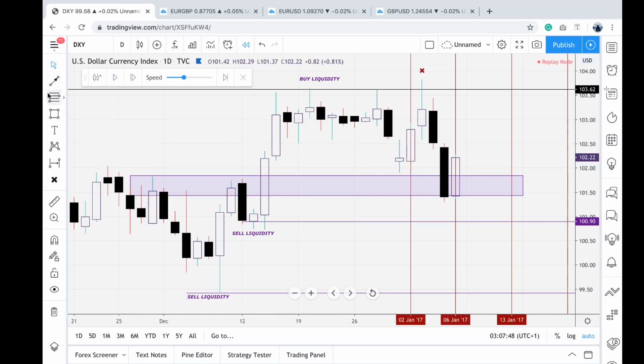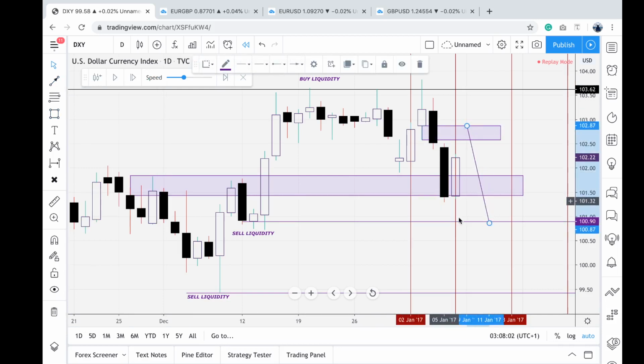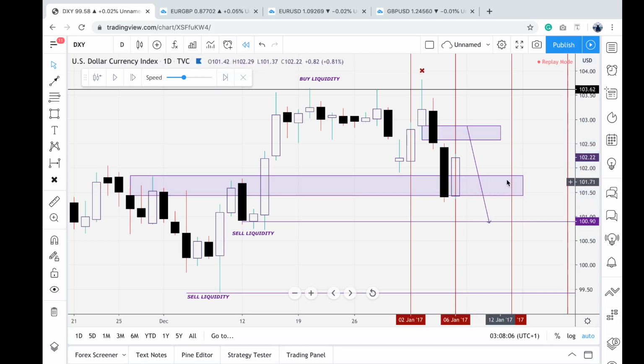For Monday, I want to see a retracement into this level on DXY, and to find bearishness off that level into this next level, because now we've tested this level, so we can see a retracement down into this level.